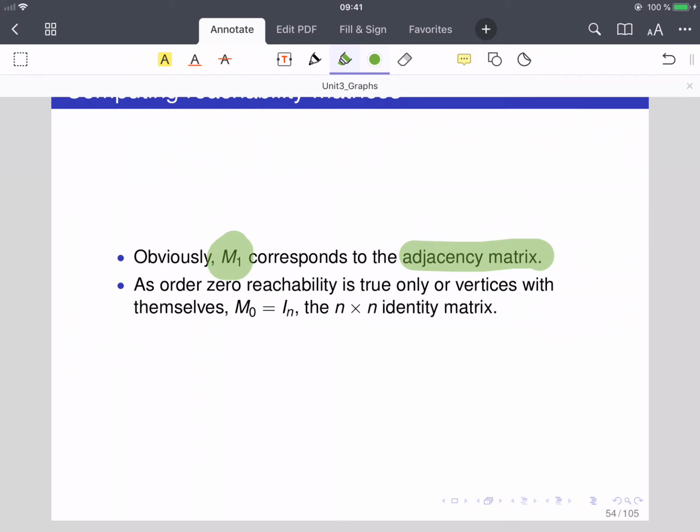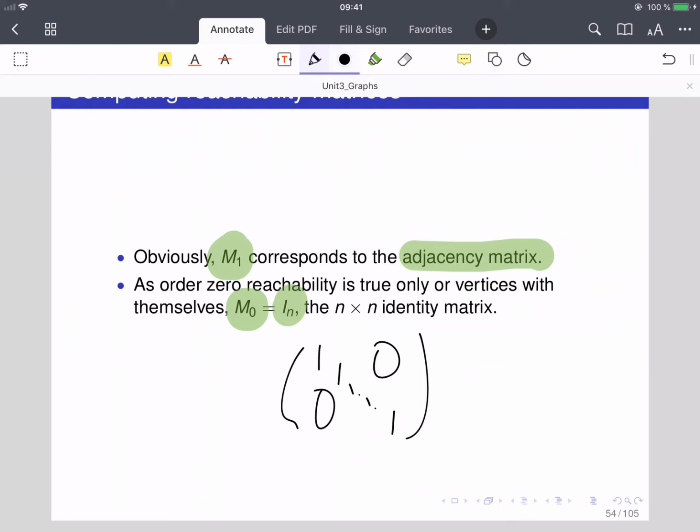Also notice that M0, the zero reachability matrix, is the identity matrix, the matrix that has ones in the diagonal and zero everywhere else, okay? Because the only vertices that are reachable with paths of length zero are the vertices themselves.